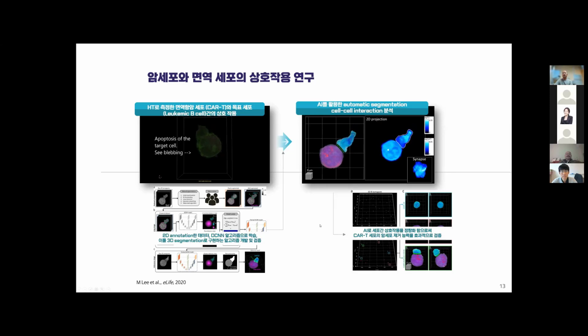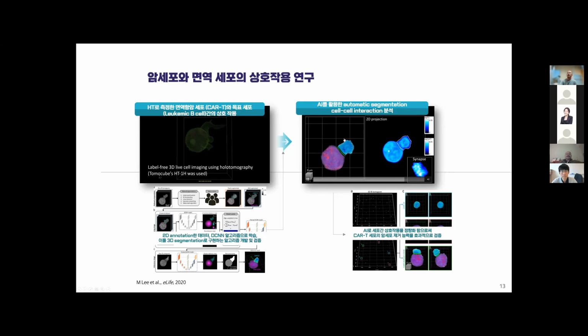This algorithm automatically performs the segmentation to tell which one is the CAR T cell and which one is the target cell. The cells are label-free and live, and this is pseudo-coloring generated by the AI algorithm. The target cancer cell was pseudo-colored purple, and the immune cell was labeled blue.